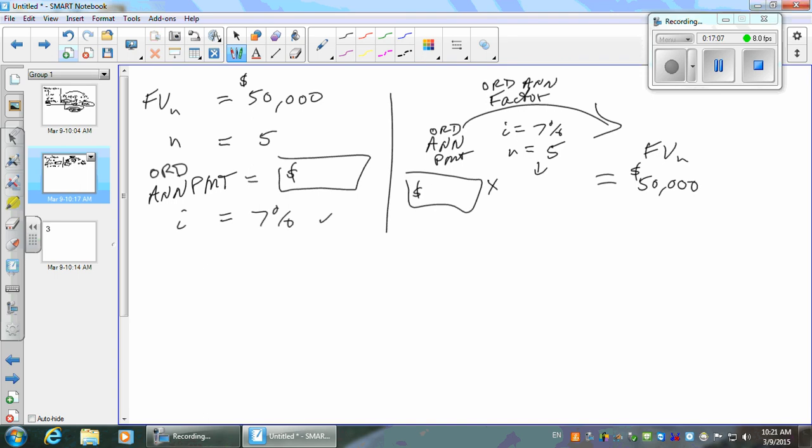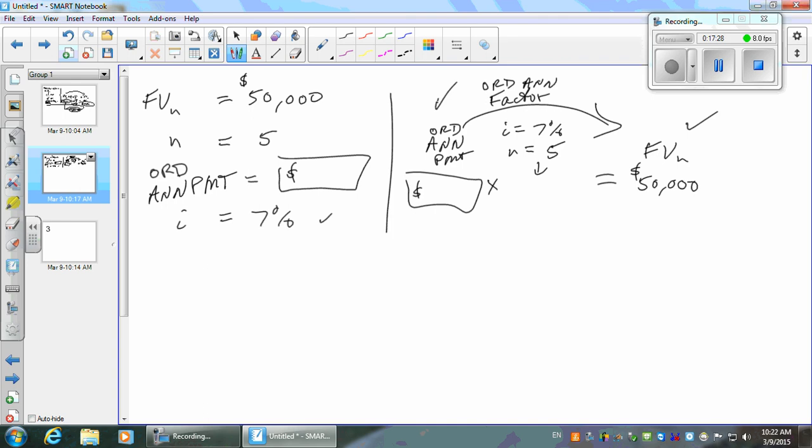My factor that I'm going to divide in there, I'm going to go look it up. What I know is the ordinary annuity payment, and I want to know a future value. So which table do you need to be on? Future value of an annuity. Don't get in the present value of an annuity. It's going the wrong way.